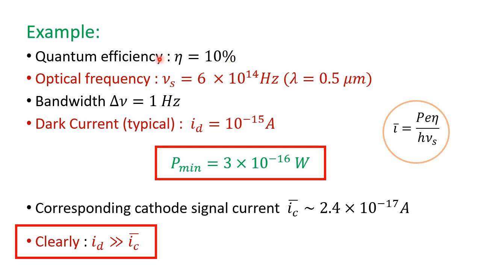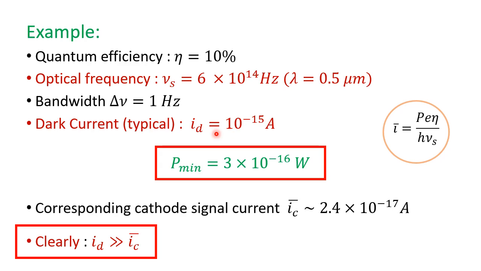Yet it is used simply because of the large gain that happens. So imagine that I am looking at optical frequency excitation about 500 nanometers. The bandwidth as standard I'm taking as 1 hertz. Imagine that my dark current was about a femtoampere, 10 to the power minus 15 of an ampere. By the way, this is a typical value of it.